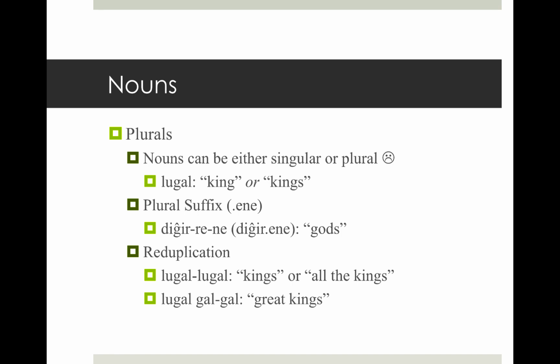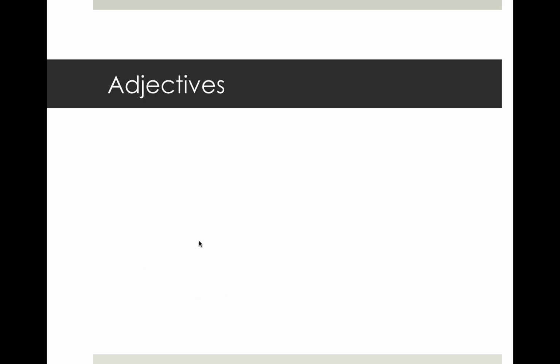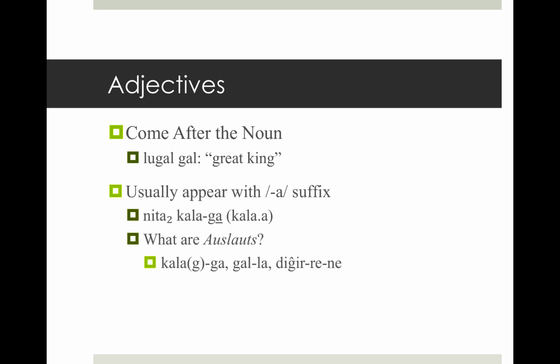So essentially, if my mouse will come back, you can ignore the R here, right? And the same thing is true here. Now you might be a little confused. Hey, kala doesn't end with a G. Well, it does. They just don't always write it. That doesn't make much sense. I'll explain that later. But kala is a word that has a G sound at the end. So sometimes you'll see it written kala. Sometimes you'll see it written kalag.